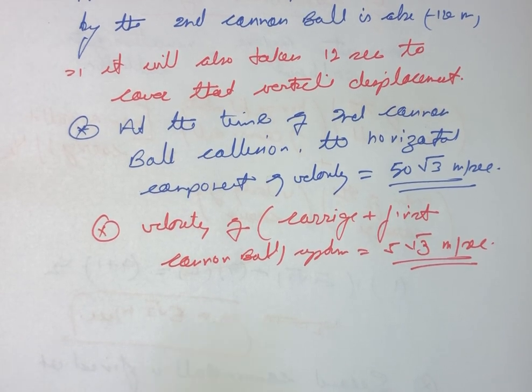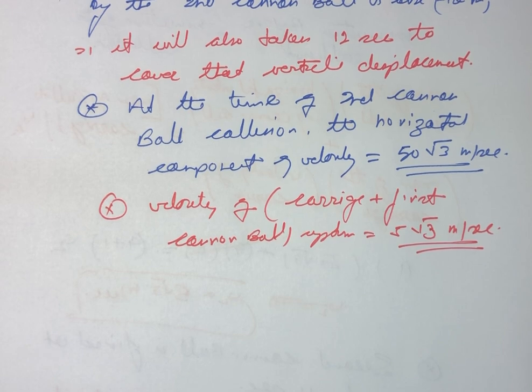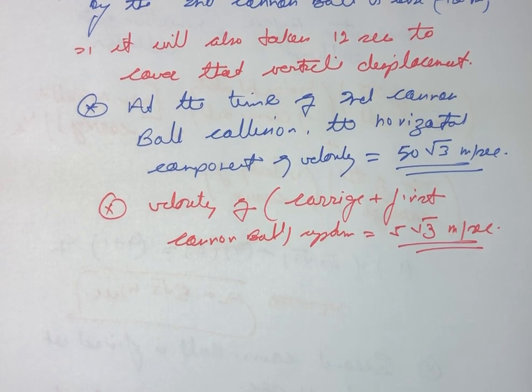And once again we are going to use conservation of momentum. So let us suppose that the velocity of the carriage after the second cannonball collision is given as Vf.